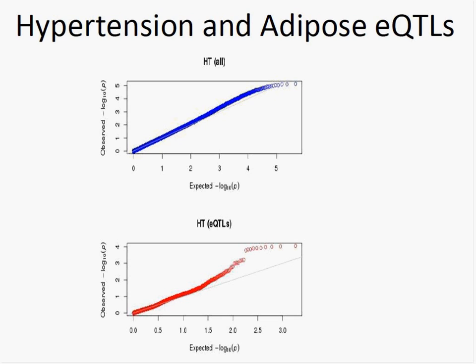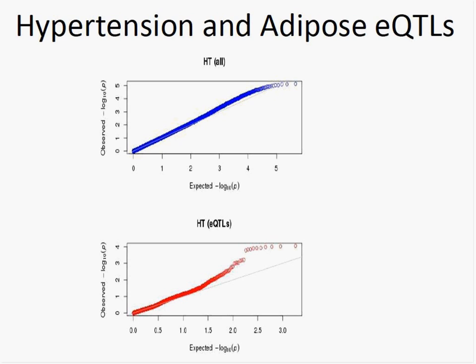So you see for the blue line, using all SNPs interrogated in the GWAS, there's really no evidence for excess signal for hypertension. In the red, what I'm showing are just cis-eQTLs identified through GTEx studies in adipose tissue. So the association that's being plotted is of these SNPs and their association with the hypertension phenotype, but the only SNPs being included in the QQ plot are the cis-eQTL SNPs.